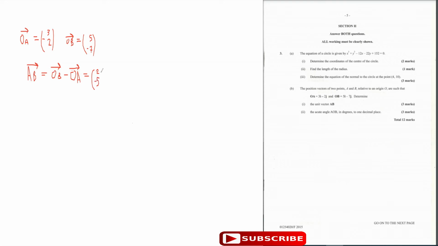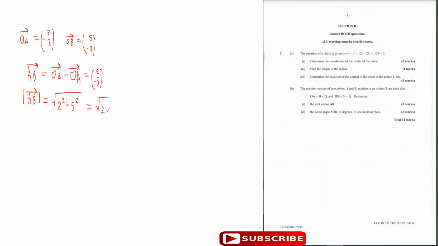So that's vector AB, (2, negative 5). All right, so that's vector AB, but they want the unit vector AB. So in order to find the unit vector AB, first we need to find the magnitude of vector AB. So the magnitude of vector AB is going to be equal to the square root of 2 squared plus 5 squared. Now 2 squared plus 5 squared, that looks like 29. 25 plus 4, that's the square root of 29.